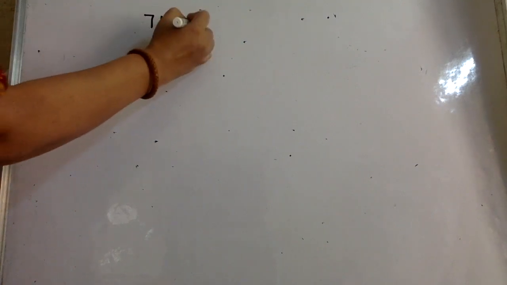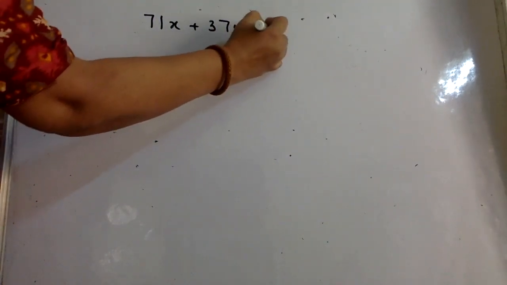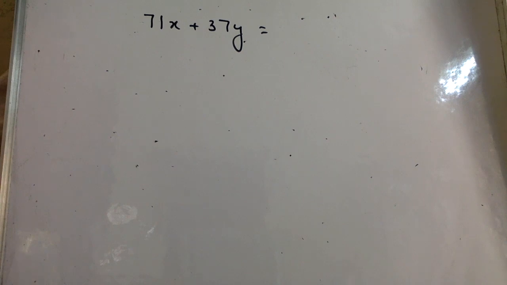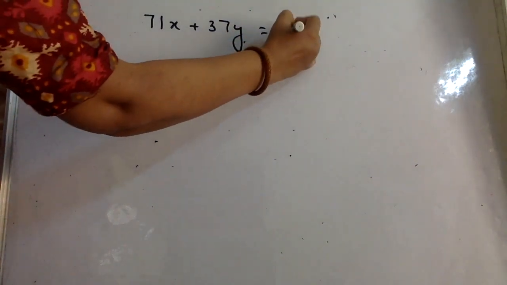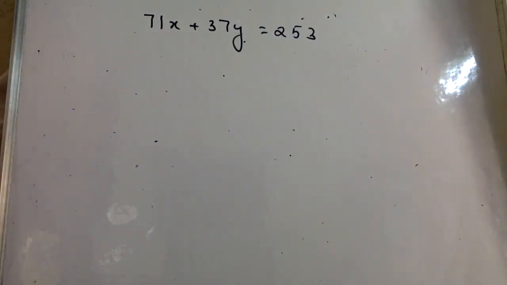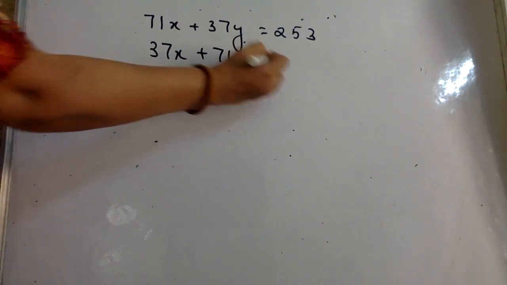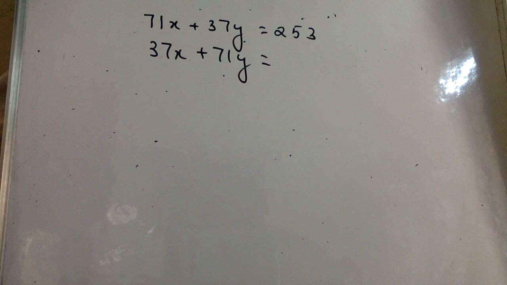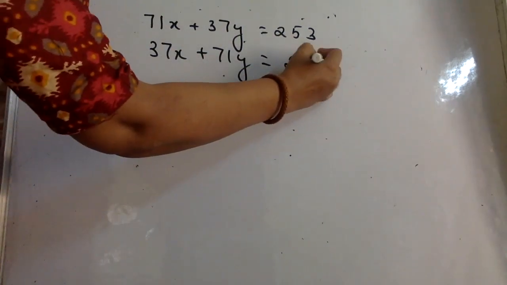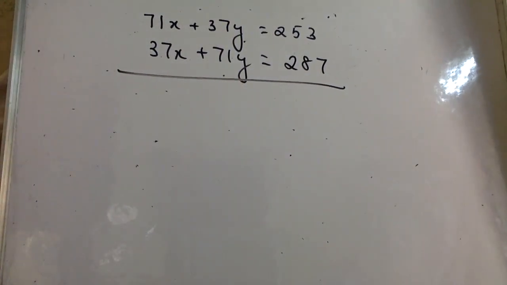Here we have 71x plus 37y is equal to 253, and 37x plus 71y is equal to 287. I think you have already noted why this sum is so special. These are my two equations.